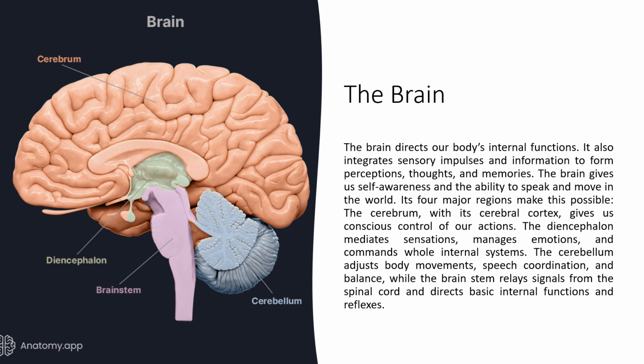The cerebellum adjusts body movements, speech coordination, and balance, while the brain stem relays signals from the spinal cord and directs basic internal functions and reflexes. And of course, we see illustrated the cerebrum, the diencephalon, the brainstem, and the cerebellum.